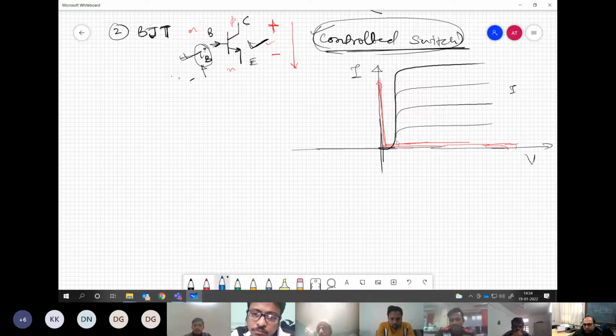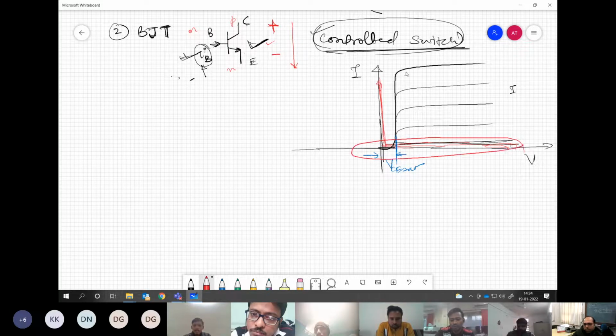Now what this says is that definitely there is some saturation voltage involved. So first let us classify the different zones where it is operating. So if I draw one more line very close to the x-axis, let's say over here, it would say that three different zones can be demarcated. And then this one.